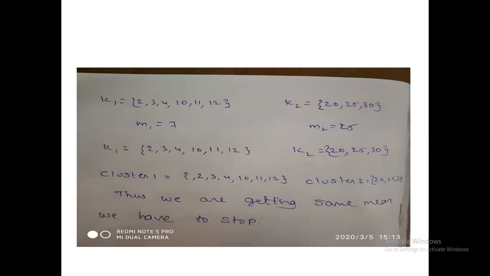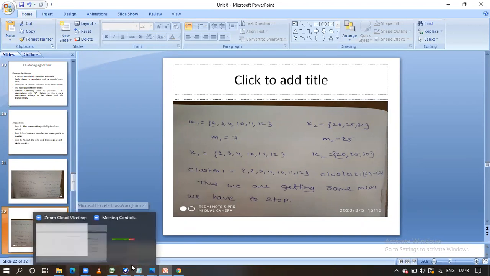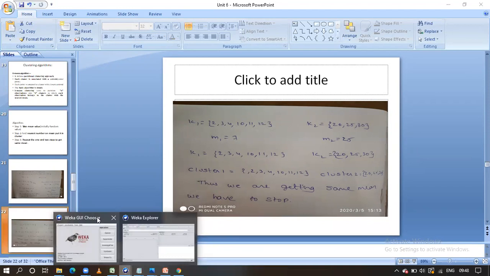You can ask me any notes related to this simple k-means. Guys, I hope you understand this one, right? Let us proceed further.